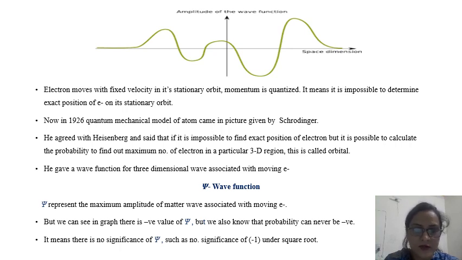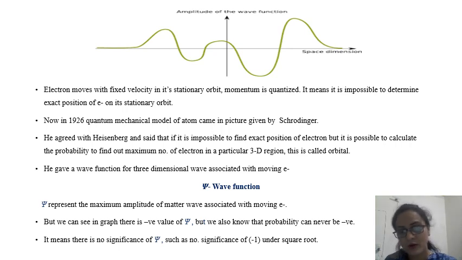Now in 1926, the quantum mechanical model of the atom came into the picture, given by Schrodinger. He agreed with Heisenberg and said that it is impossible to find the exact position of the electron, but it is possible to calculate the probability of finding the maximum number of electrons in a particular three-dimensional region.